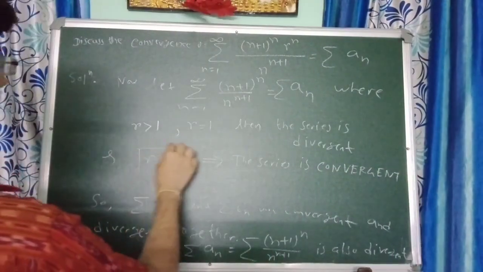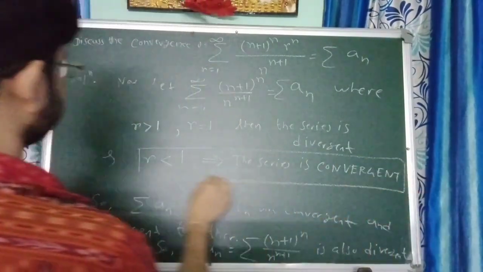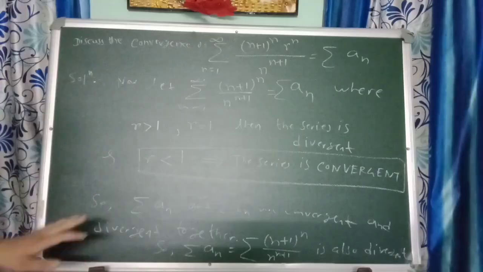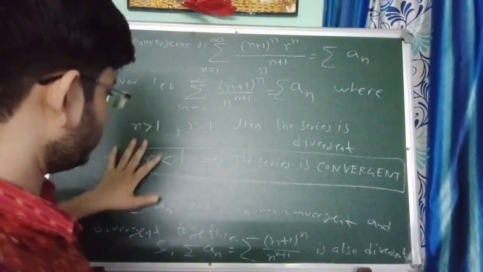So only for r less than 1 the series is convergent, and that completes the total problem.